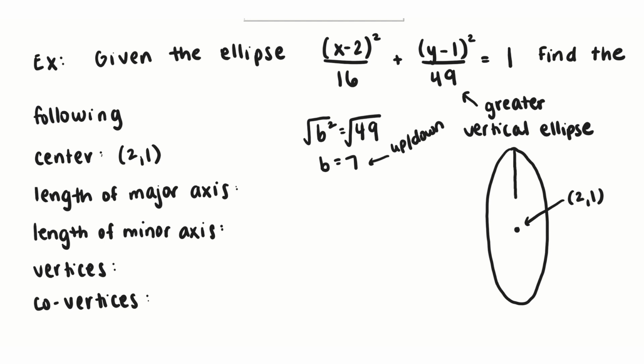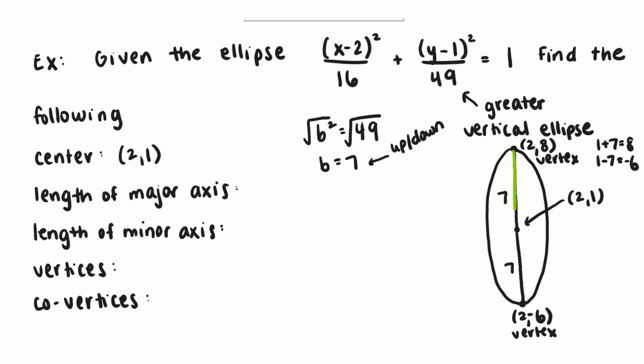If I first go up 7, then I will just need to add 7 to the y value of the center. So 1 plus 7 will give me 8. So that top vertex will be (2, 8). And then if I were to go down 7 units, I would just have to subtract 7 from my center. So this other vertex would be (2, -6).